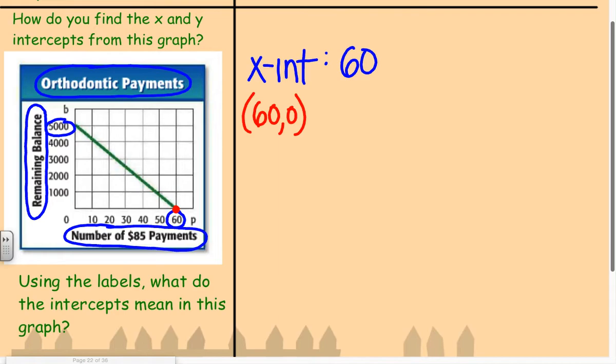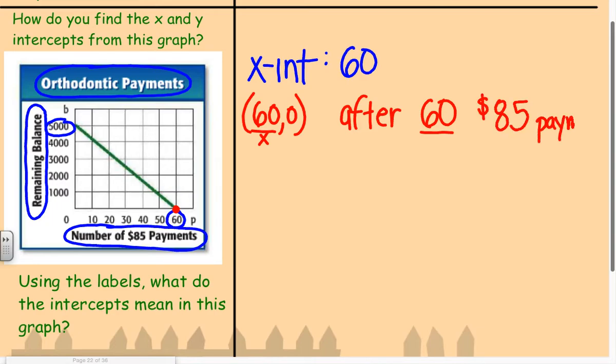So I have to look at 60. My x-axis is the number of $85 payments. So after 60, so I use that first number, $85 payments, then this 0 means for the y, that's my remaining balance.